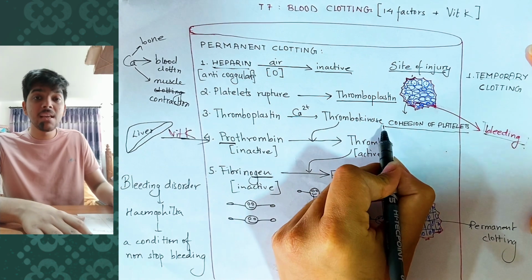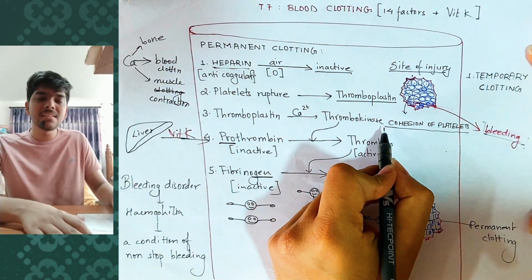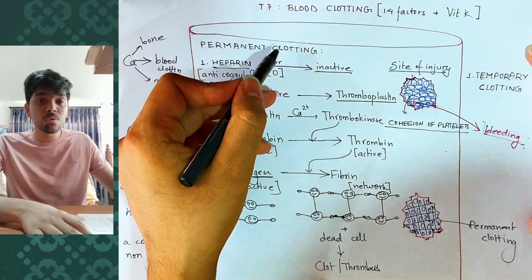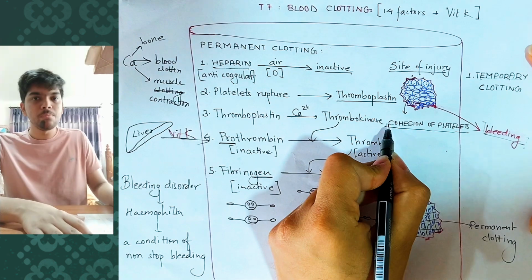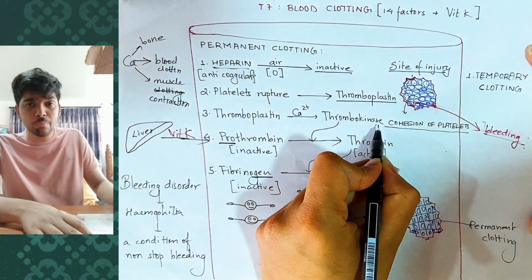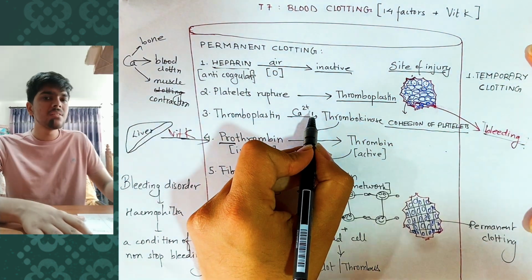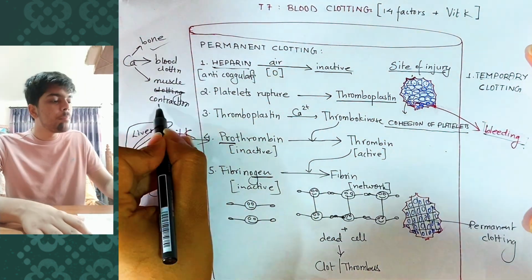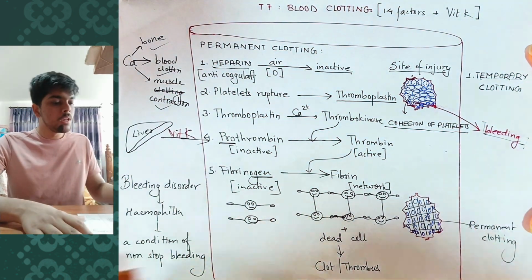Thrombokinase is very essential because it activates the inactive clotting factors or clotting proteins present inside the blood. Since thrombokinase is important, the stuff that converts thromboplastin to thrombokinase is important, and that is calcium. So calcium is not just important for bones or muscle contraction, it's also responsible for blood clotting.